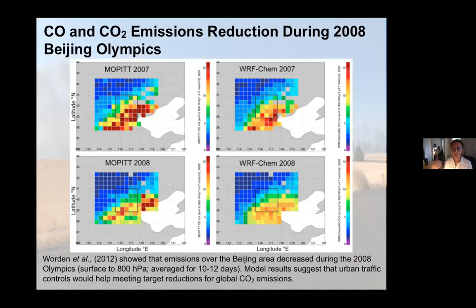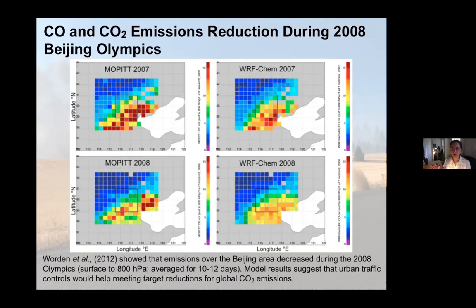From satellite, using the multispectral MOPITT retrieval, which is sensitive to surface emissions, she was able to detect changes due to these controls in traffic and so on, compare to model results from WRF-Chem, and measure the difference in emissions that these traffic restrictions produced.